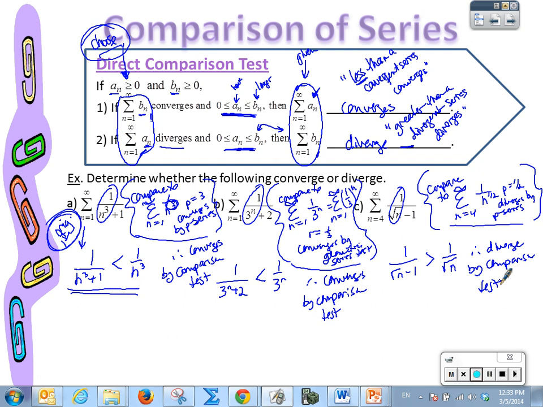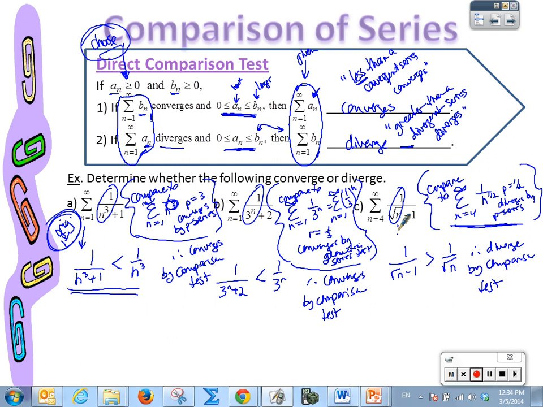Are you talking about this? Okay, so this one is not this one. They're different series. What I'm doing is I'm using this series to prove that this series does something, but they're completely different. So what I have to do is prove by this test that this is valid.